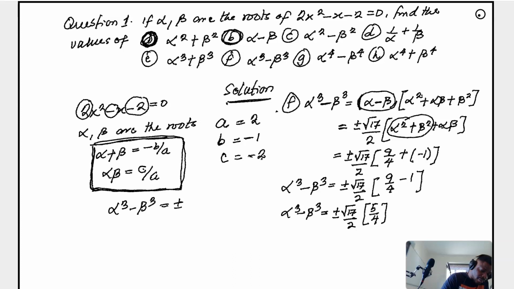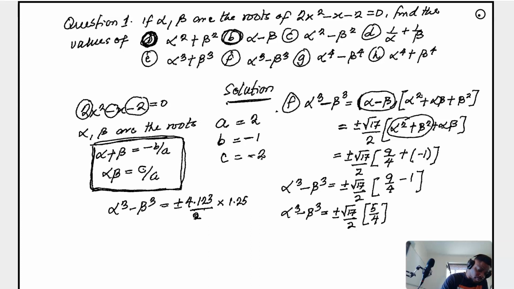So plus or minus root 17. Let's get root 17. Okay, square root of 17. I'm pressing calculator here. So that is 4.123 over 2. Okay, times 5 over 4. I'll press calculator also for this one. 5 over 4 is 1.25.